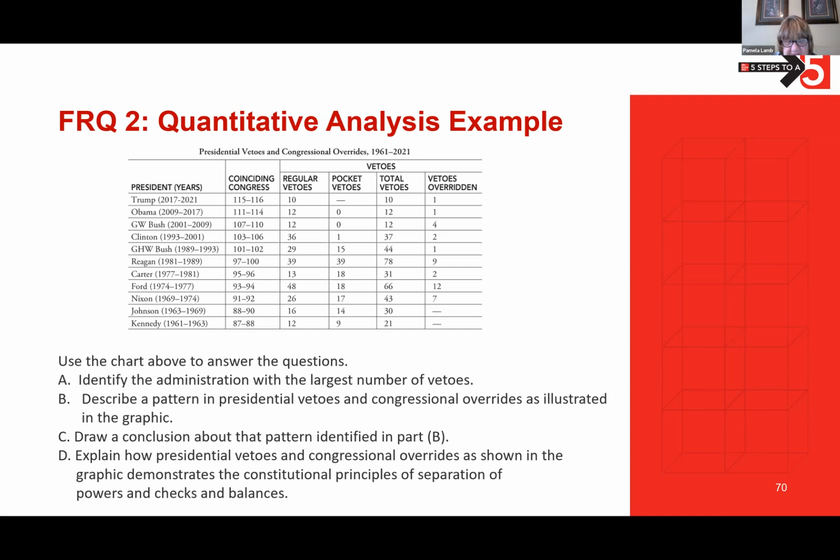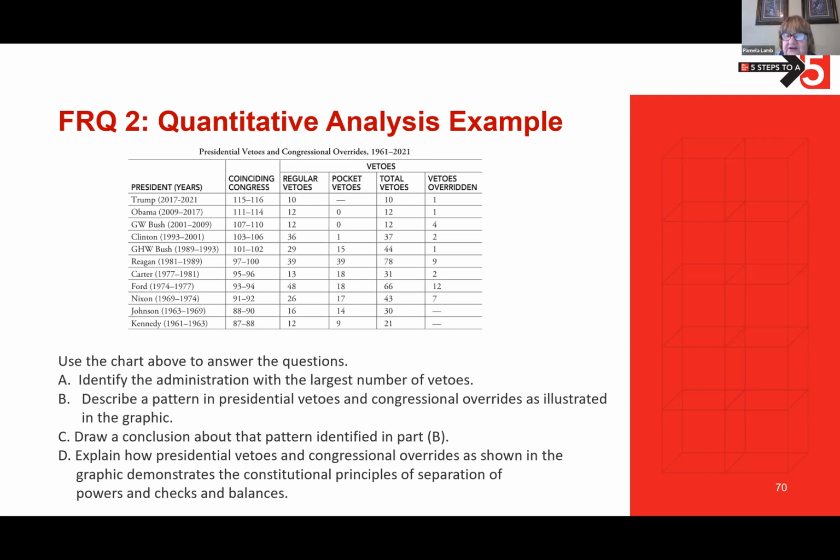Part B, describe a pattern in presidential vetoes and congressional overrides as illustrated in the graphic. So you have to look for a pattern in either presidential vetoes or the congressional overrides. So looking at that graph, you have to come up with a pattern. And then in part C, you have to draw a conclusion about that pattern.